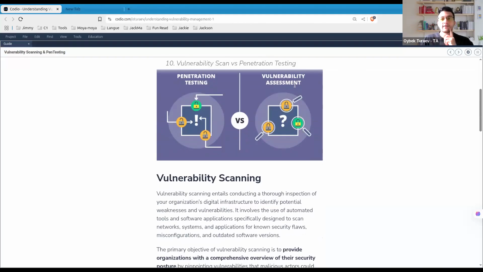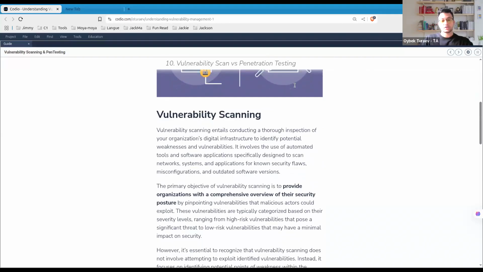Quabian very beautifully explained that with vulnerability scanning, we just run them to see what kind of vulnerabilities we have. It provides organizations, guys, with a comprehensive overview of their security posture. But vulnerability scanning just sees what kind of vulnerabilities we have. It doesn't go to the next step, which is to exploit them.